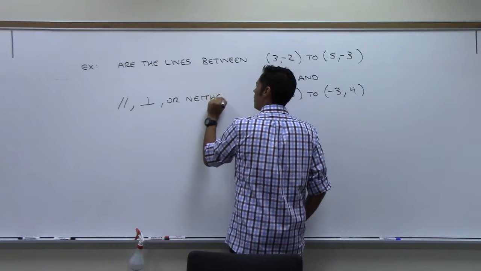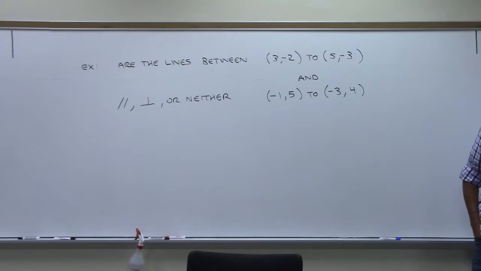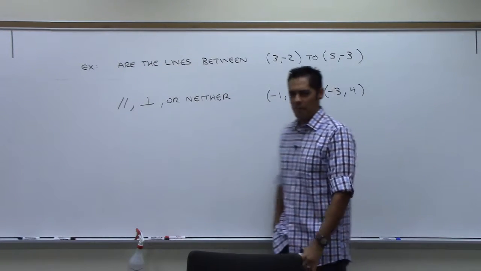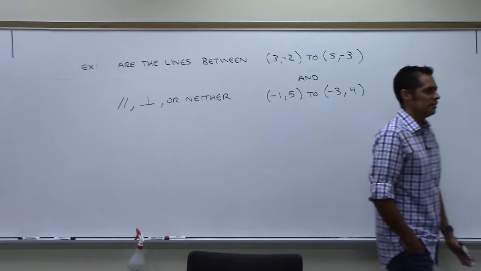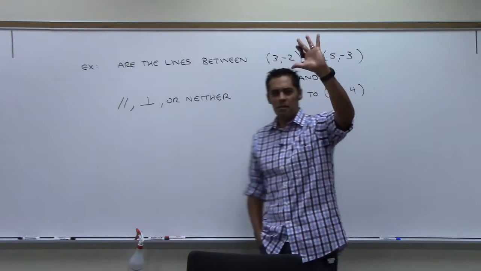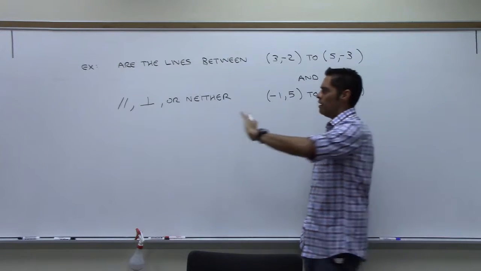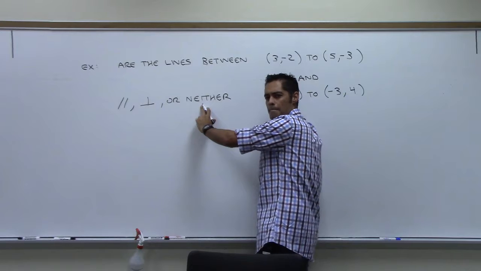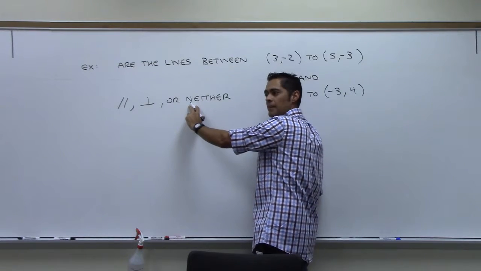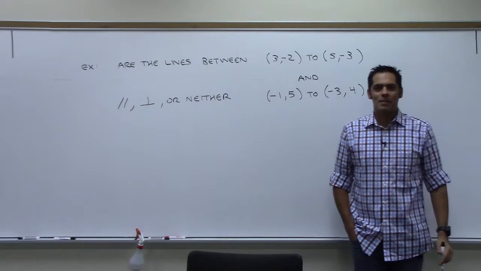I've always loved this word neither. Is that the correct spelling of neither? When I was in school, I was taught the whole I before E except after C thing. How many of you have heard that rule before? So why not here? That's not a C. So why is that not I before E?